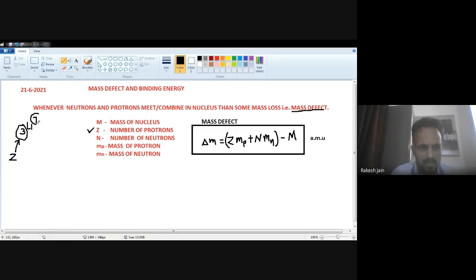This atomic mass is your A. It shows the number of protons plus the number of neutrons.